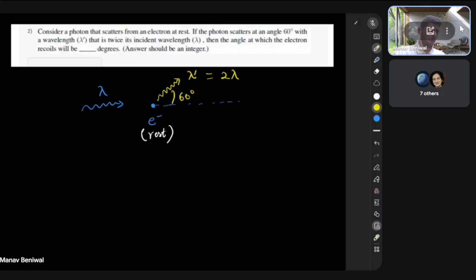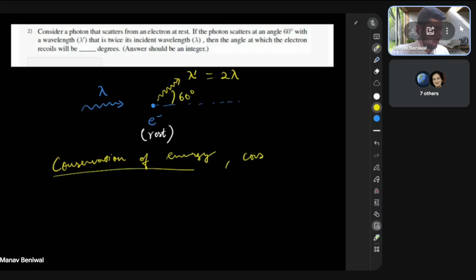So if you have followed the lectures, essentially what we do here is we do conservation of energy, right, and also conservation of momentum. Okay, so our total energy is conserved and our total momentum is conserved.